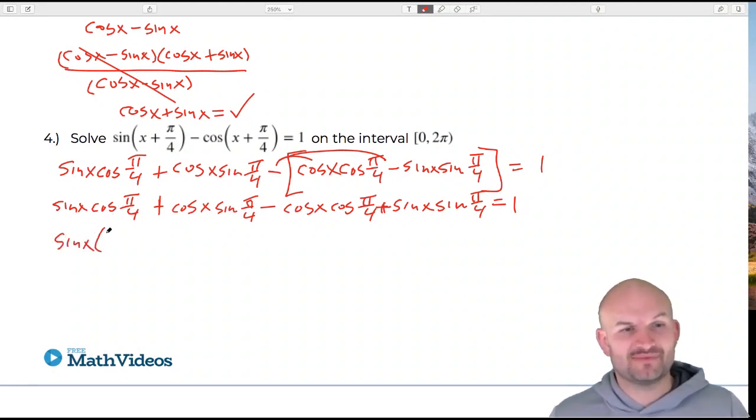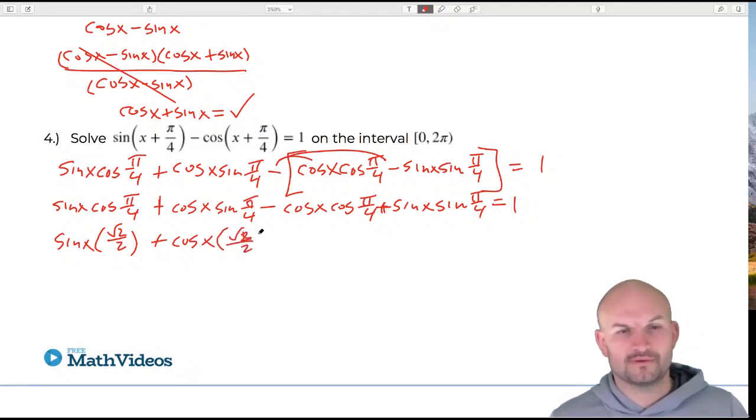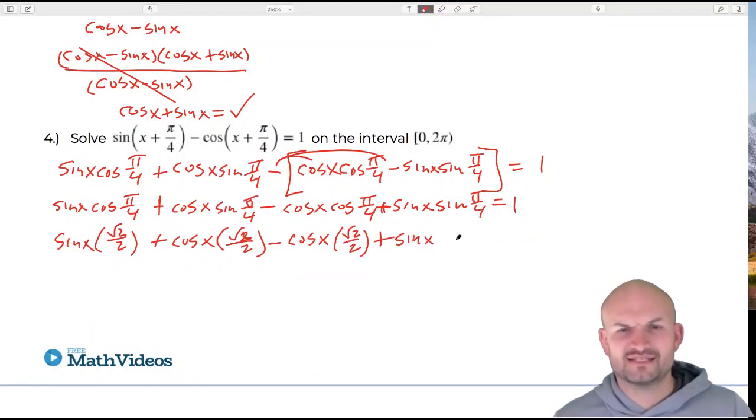Actually, I skipped that step when I did my key and just went to this step, which is better because you can see what divides out a little easier. Sine of x times the square root of 2 over 2 equals 1.